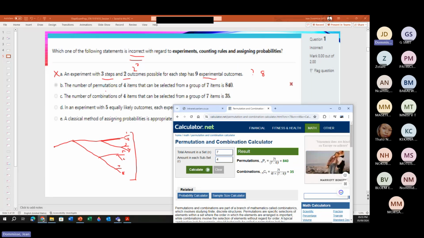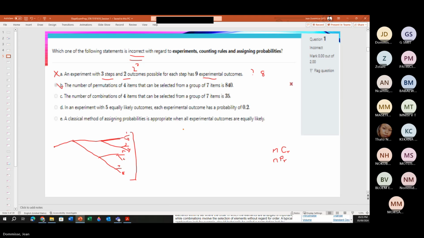So number of permutations, 4 of 7. And in this online calculator, we also got the combination one, the number of combinations of 4 items that can be selected from a group of 7. Okay, so those two are correct.